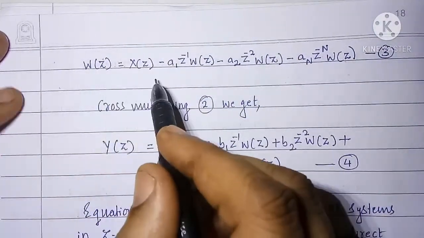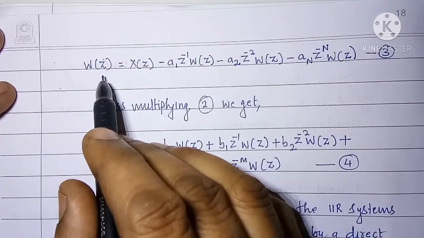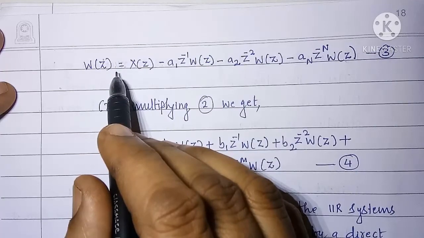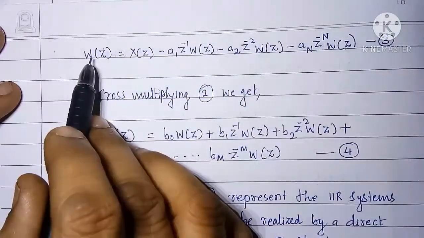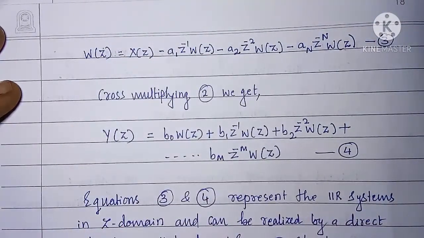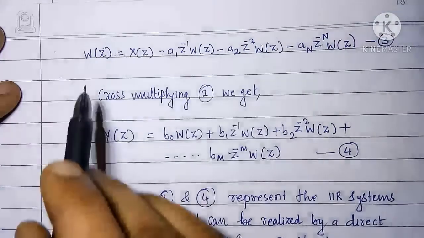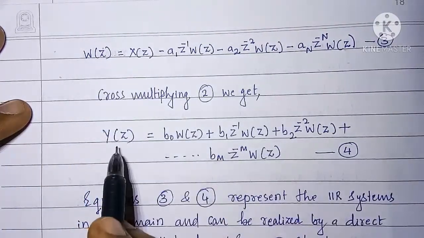Now using equation 3 we will obtain W of z, and then using W of z in Y of z, we will get Y of z. Then using W of z in equation 4, we will get Y of z.